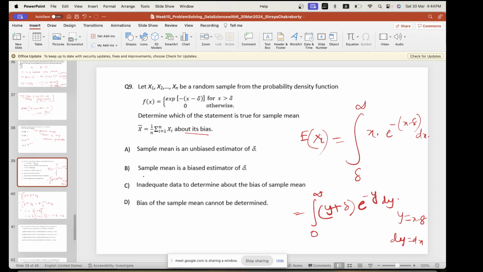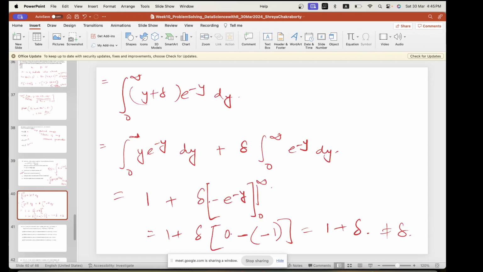So therefore the sample mean is a biased estimator of delta, and how much is the bias? Bias is expectation of sample mean minus delta, which is 1. Okay, so this bias can be calculated, and this is actually 1.